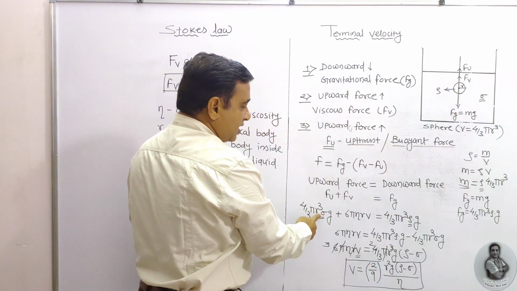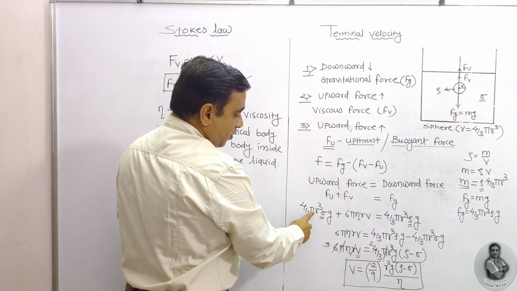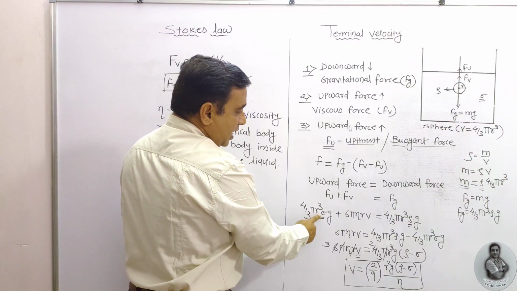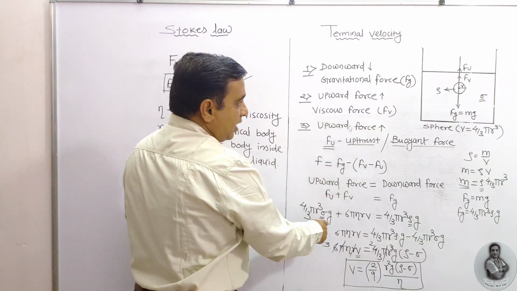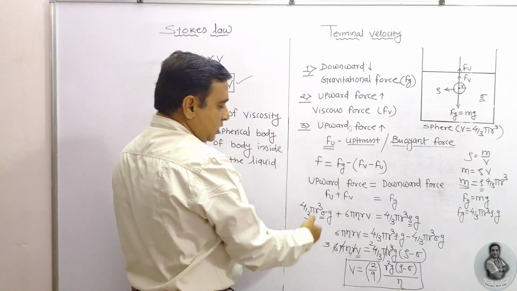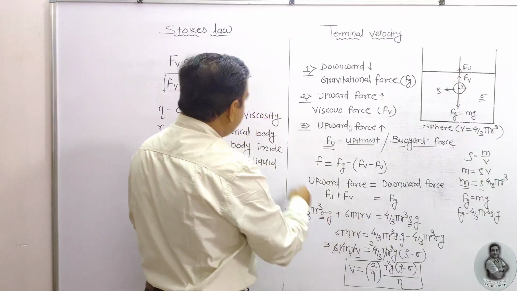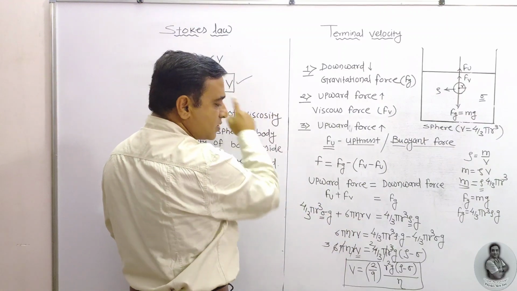The only changing factor is that it is acting on the spherical body. That's why 4 by 3 pi r cube is the volume, and the density of the medium is sigma, and the gravitational acceleration always acts in a downward direction. So 6 pi eta Rv we have calculated already, the viscous force.